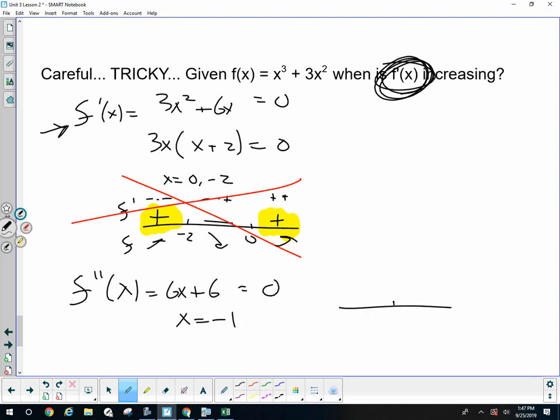Then, using -1, the f double prime sign will tell you if f prime is going up and increasing or going down and decreasing. So, plugging in 0, 0 plus 6, that's easy enough. -2, -12 plus 6, that's easy enough. Because f double prime is negative, f prime is going down. Because f double prime is positive, f prime is going up. We would say f prime is increasing for x is bigger than -1.